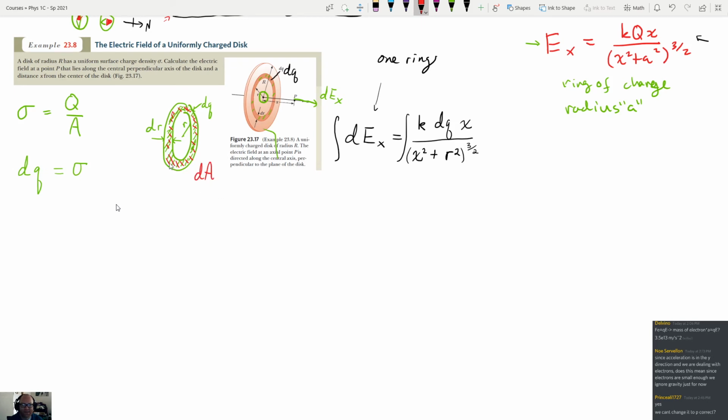It's the infinitesimal area of this infinitesimal ring. Then, if we know what the area of the ring is, and we know that the charge per unit area is constant, if you just take charge per unit area and multiply by dA, that should give you the amount of charge contained there. All right.